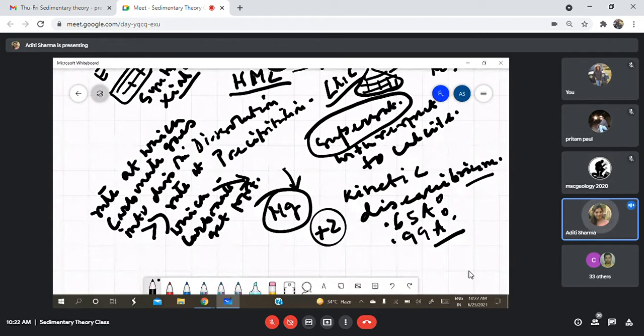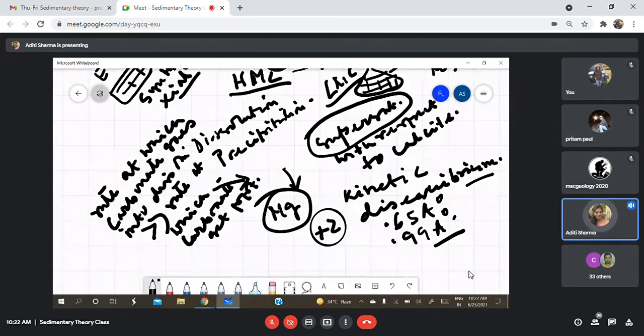The reason is that the rate at which the metastable carbonates, suppose aragonite, high Mg calcite, are going into dissolution, at the same rate low Mg calcite is not precipitating. And why not precipitating? Because there is a fight between Mg and Ca to occupy the cation site of the calcite. And Mg is always favored because Mg has the same charge but lesser size.